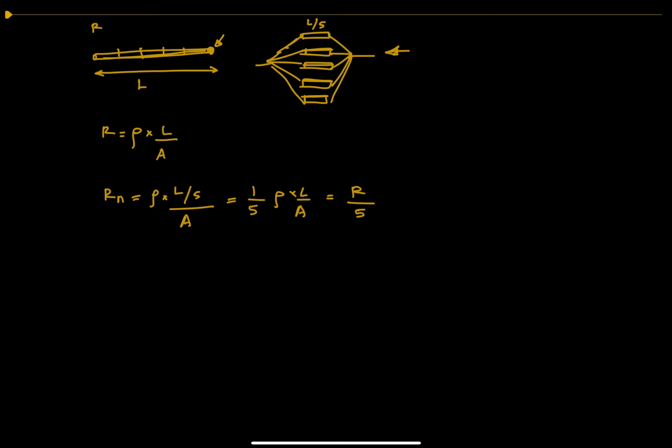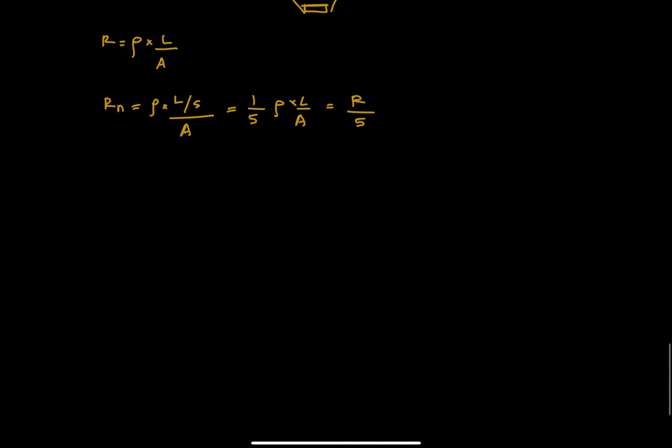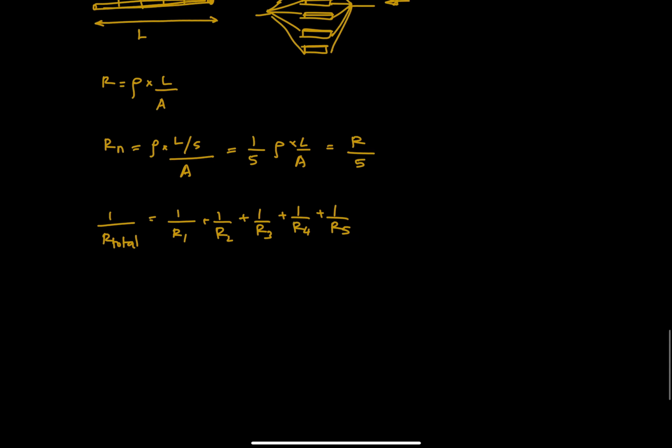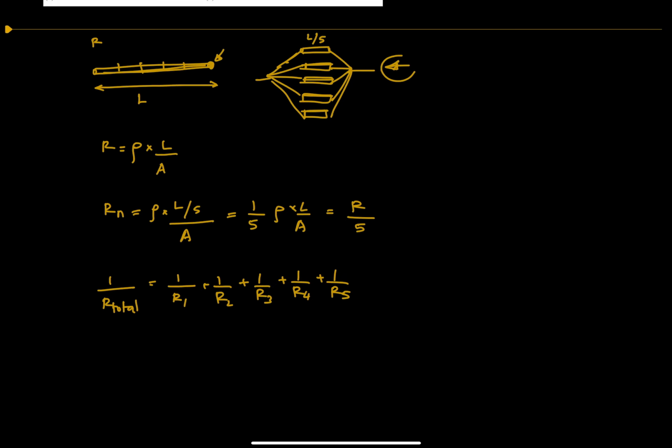Okay. So next we need to understand what happens when we connect these parts in parallel. When resistances are in parallel, the total resistance is, using this formula, 1 by R total is equal to 1 by R1 plus 1 by R2 plus 1 by R3 plus 1 by R4 plus 1 by R5, because we have 5 wires, right, in this parallel configuration.